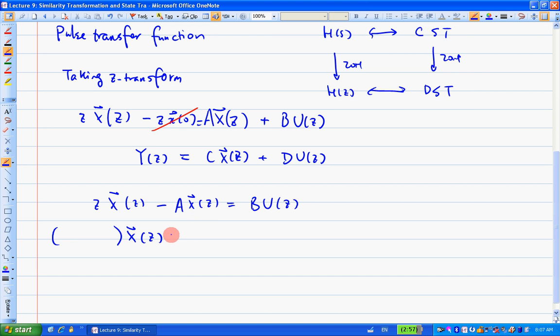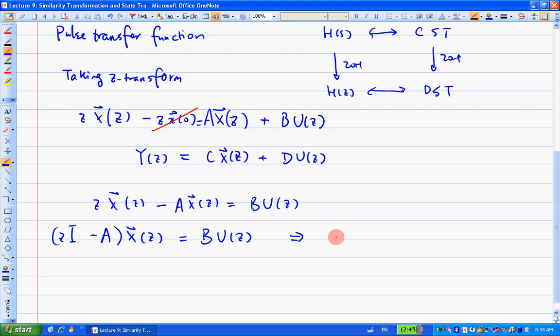We don't put this one in the front and the other one at the back. So this is z, but this is not a z anymore, it's going to be zI, z multiplied by a unity matrix, so that we can do this subtraction here, equal to B U of z.